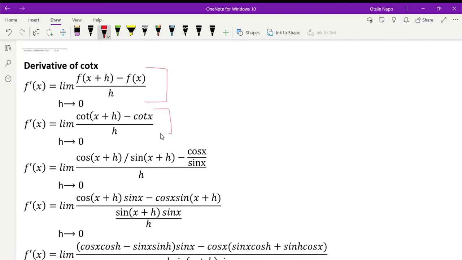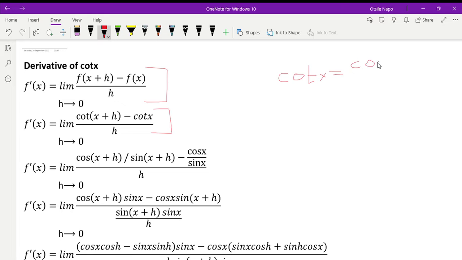Then after substitution, we know that our cotangent of x is actually equal to cos x over sine x.